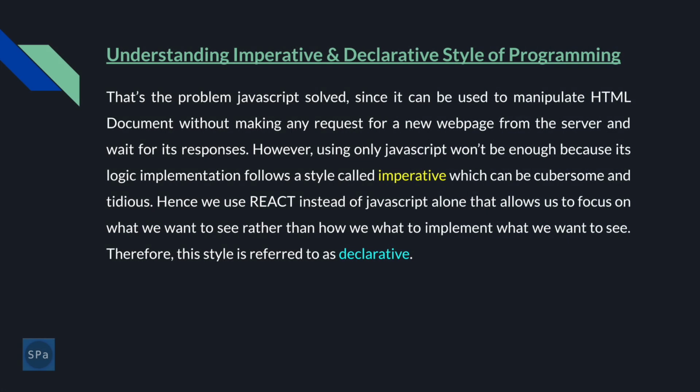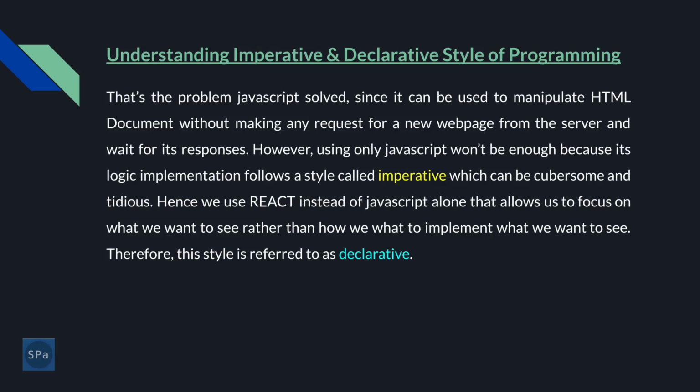Understanding imperative and declarative styles of programming. That's the problem JavaScript solved, since it can be used to manipulate an HTML document without making any request for a new web page from the server and waiting for its response.